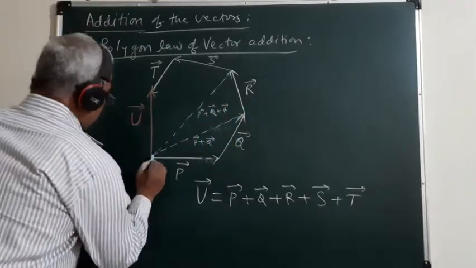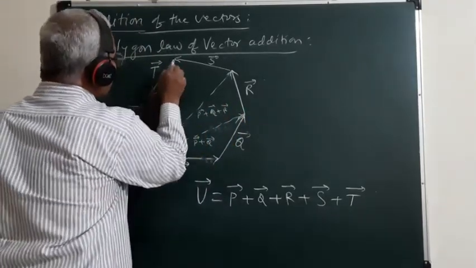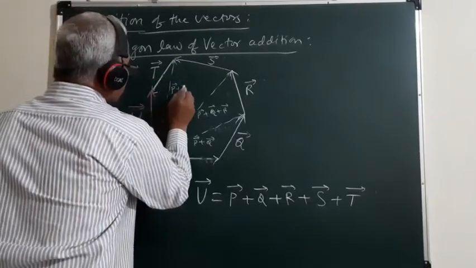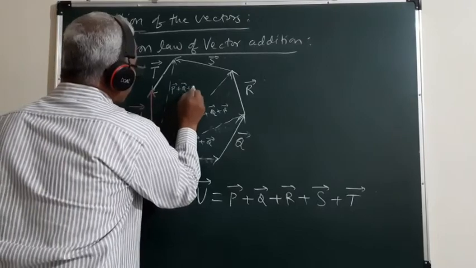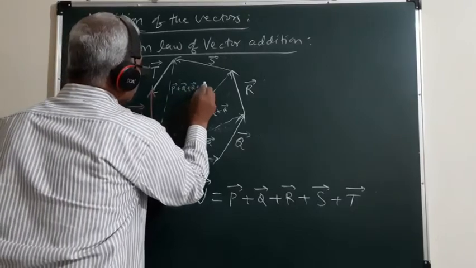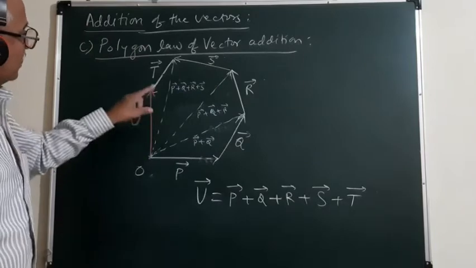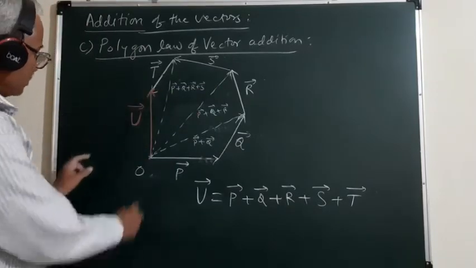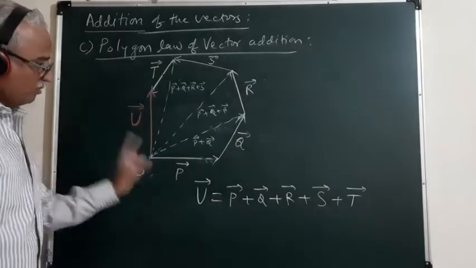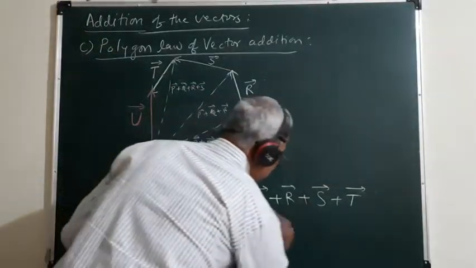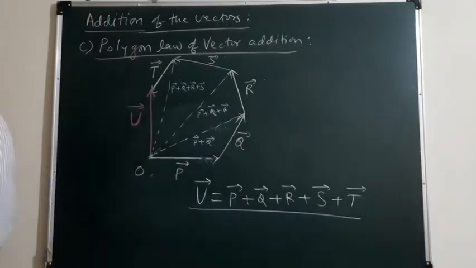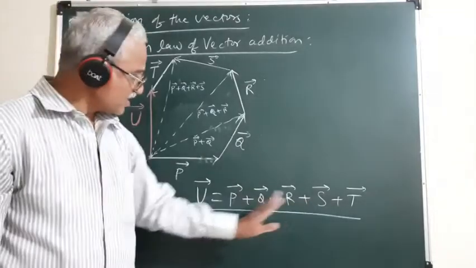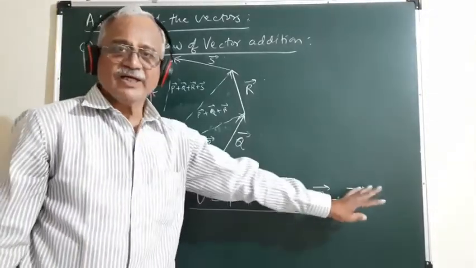Then this side will give us P bar plus Q bar plus R bar plus S bar, and then P bar plus Q bar plus R bar plus S bar plus T bar is equal to U bar. So we get this resultant vector U bar, which represents the addition of these vectors P bar, Q bar, R bar, S bar and T bar.